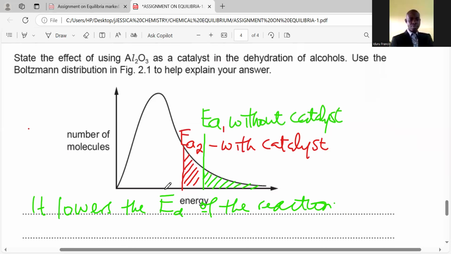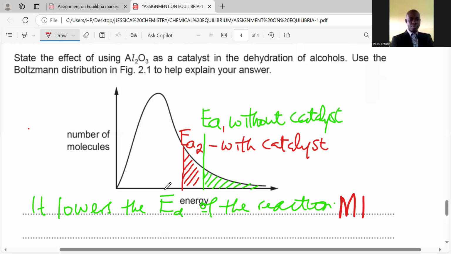Okay, we are stating the effect now. It lowers the activation energy of the reaction. So this is your M1. And they're asking us to use the Boltzmann distribution for molecular kinetic energy to explain. Here, without a catalyst, we have EA1.